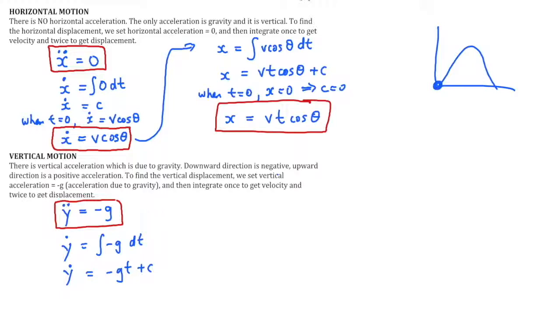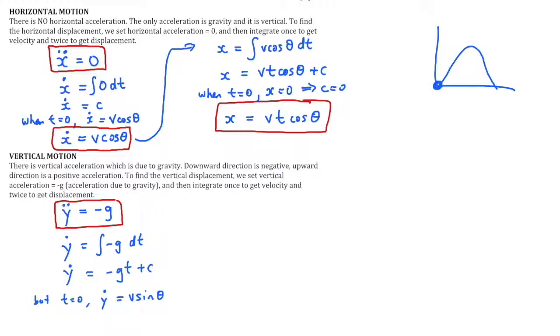But I do know from what I did earlier that when t equals 0, the initial vertical velocity is equal to v sine theta. Let's get that right.